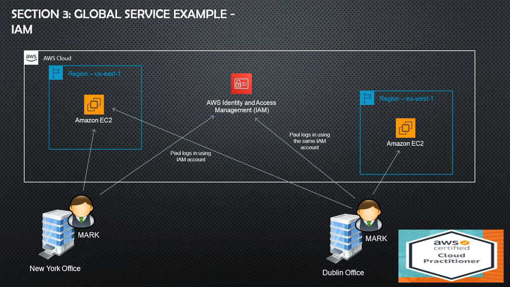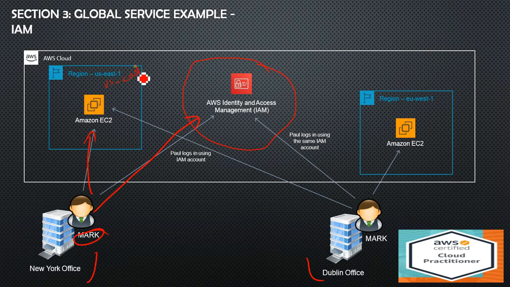In this slide I wanted to explain the global services. The example is about IAM. You are a user residing in the New York office, and there's another office in Dublin. This guy Mark authenticates to IAM, and after authentication and authorization, he gets access to the Amazon EC2 instance in US East.